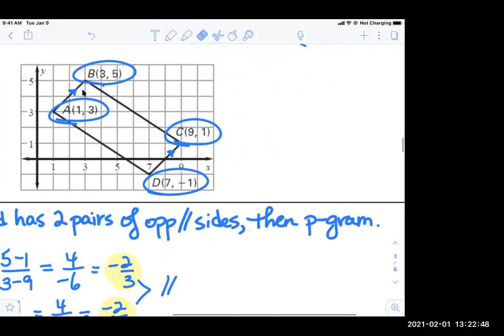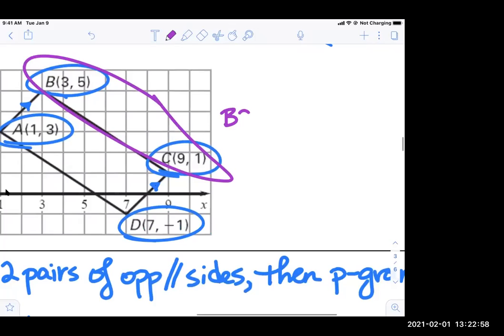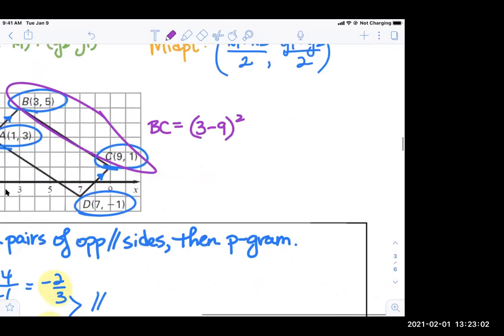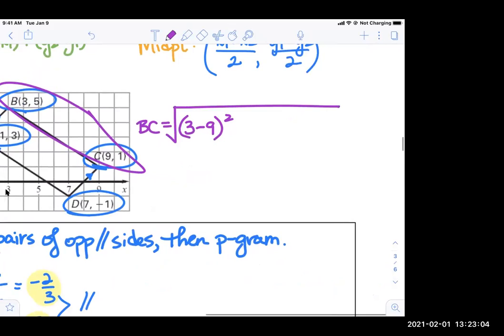Okay, so that's AB and CD are congruent. Okay, BC. Is it 3 minus 9 squared? 3 minus 9, and then what? And then 5 minus 1 squared. Yep.